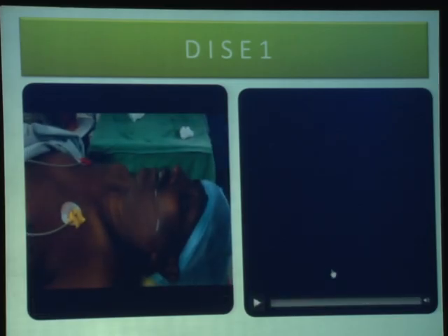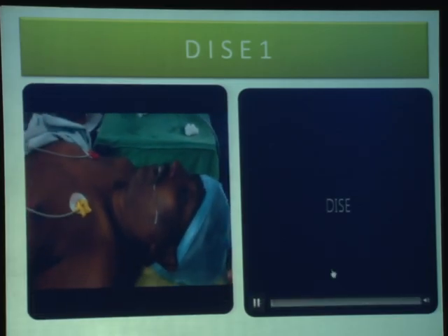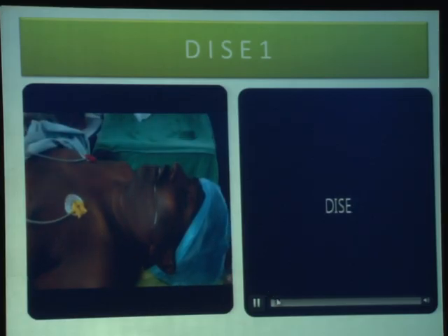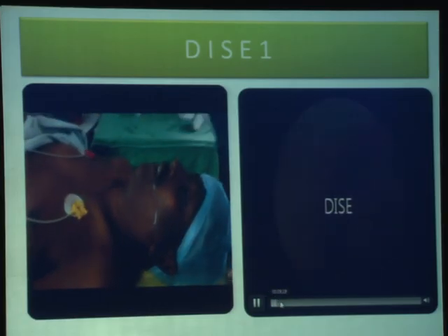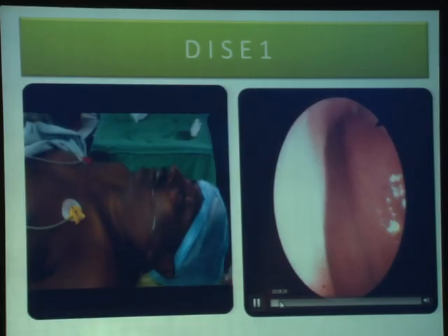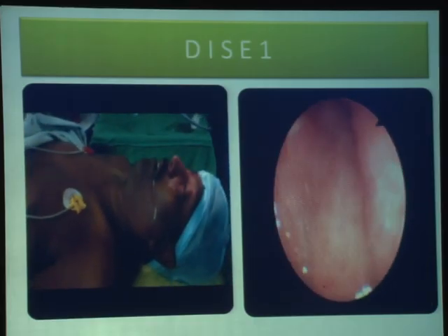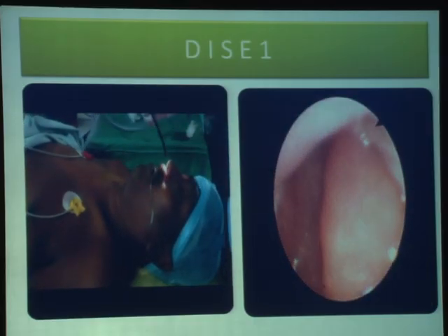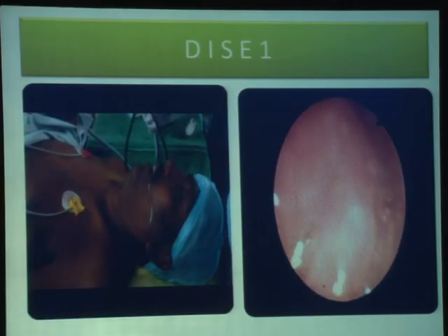what is going on with this guy inside, if you actually see? This is the prominent salpingopharyngeal folds. This is the velum.